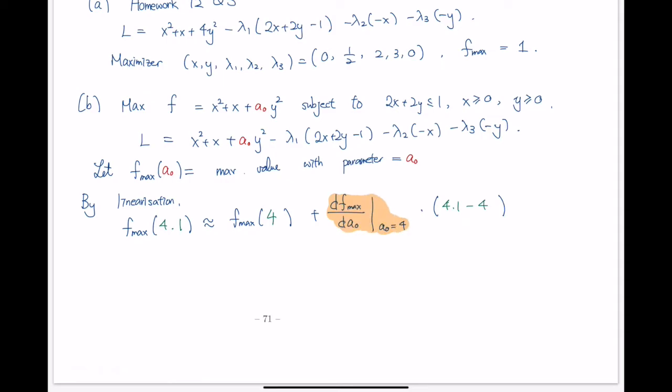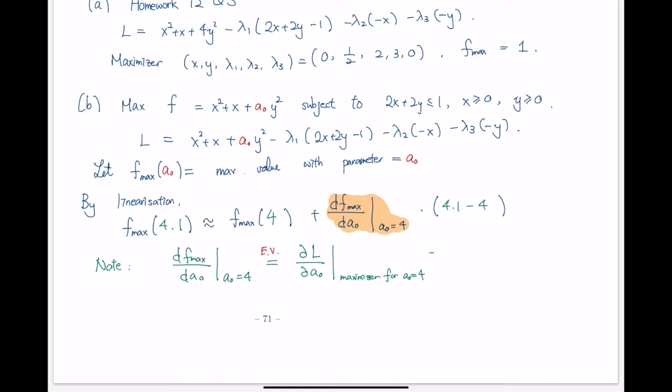So note, df max over dA0 when A0 equals 4, by the envelope theorem, equals differentiating the Lagrangian with respect to your parameter and evaluated at your maximizer. But now you're interested in when A0 is 4, so you're putting in the maximizer when A0 equals 4.